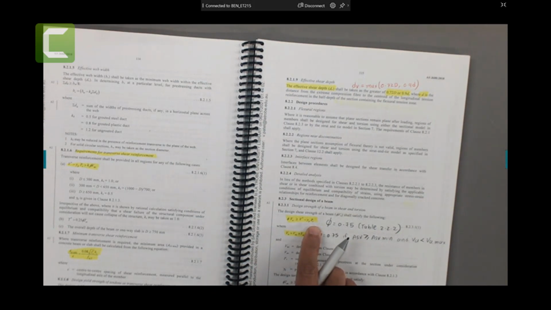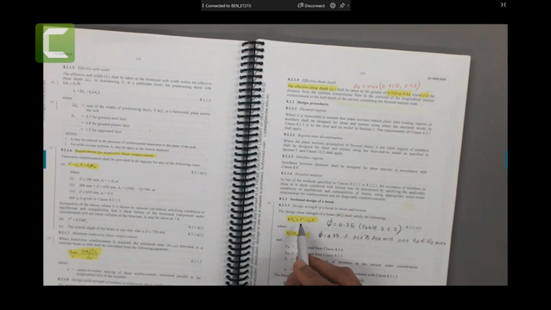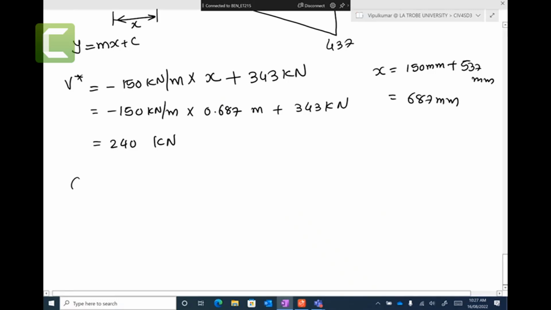So I can write phi VU greater than or equal to V star from clause 8.2.3.1. Basically the capacity of your beam should be greater than your demand V star.